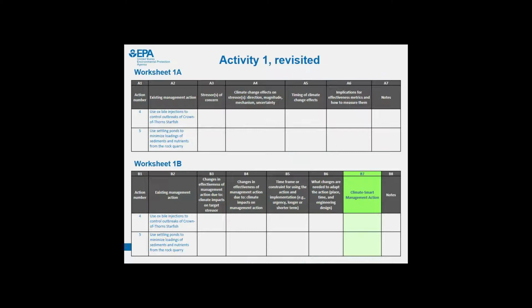There are still methods that we encourage, or we know that people use within the villages, without the ox bile. Some people will literally get a large long stick and get the crown of thorns and put it out on the beach just to let them dry out, because not everyone's equipped with injections of ox bile.